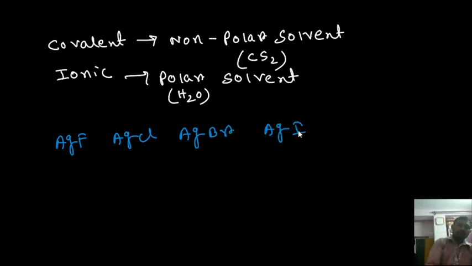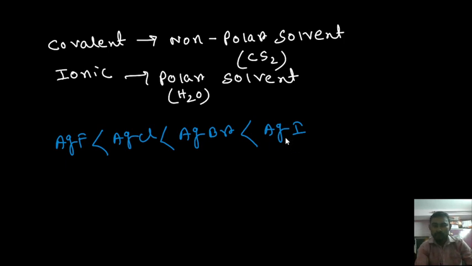The cation is fixed, so the anion changes. As all the anions have the same charge, -1, the size of the anion increases, so that means the covalency increases. So the covalency order will be this one. AgI will be the maximum covalent.